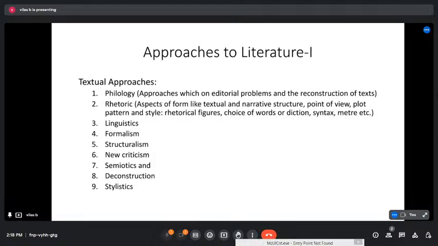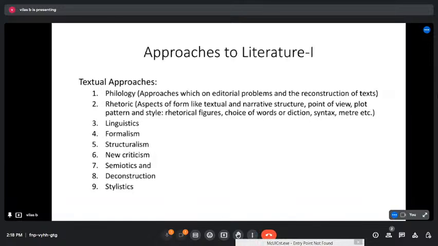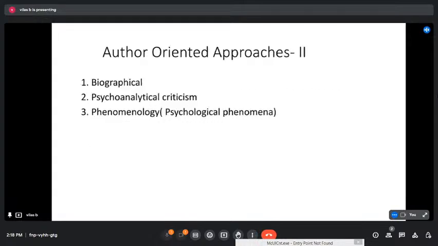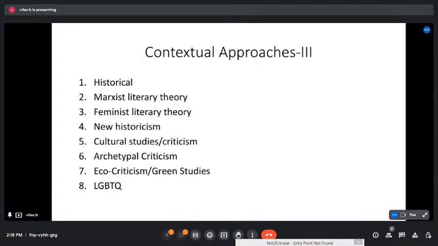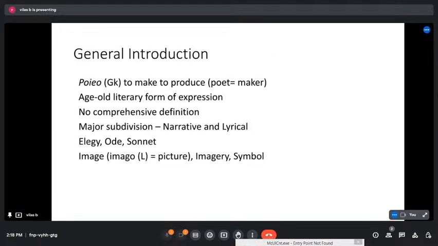Literature is of course in language, and it is to be studied from various perspectives, number one, the linguistic perspective. Any poem can be studied from all these perspectives. My point is how to study a poem; we will go directly to the general introduction to poetry.